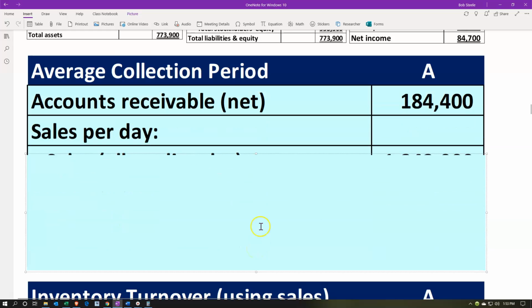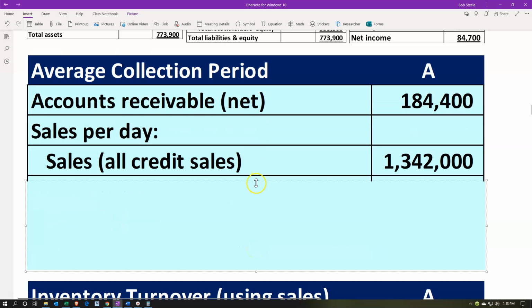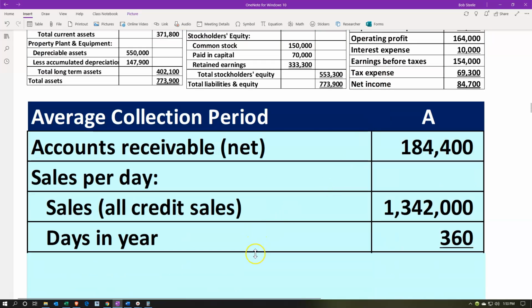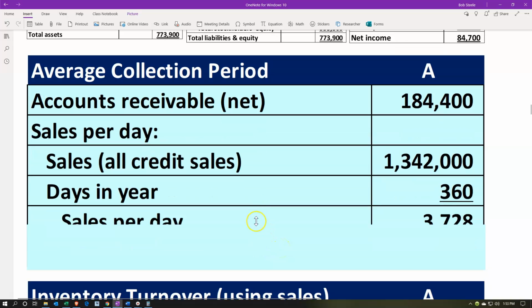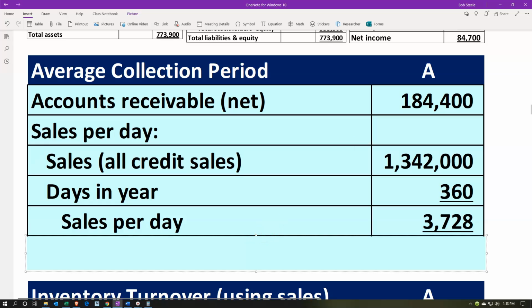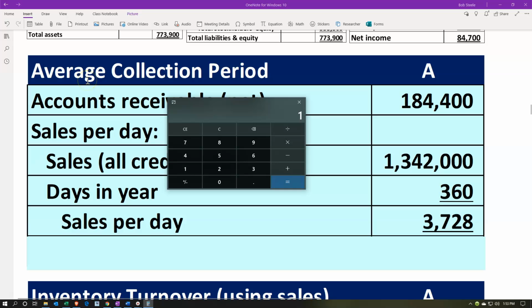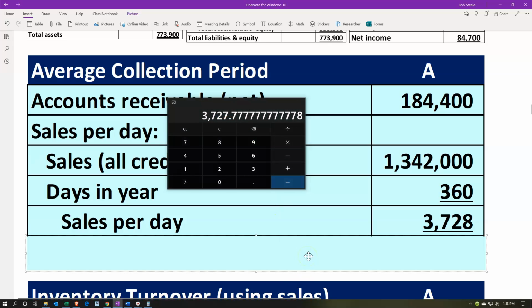Then we're going to calculate the sales per day, which would be the sales number, sales on credit here. And then we're going to take that and divide by the number of days in a year, which we're going to round once again to 360, which would be 12 times 30. And that's going to give us our sales per day. So if we divide this out, we're going to be taking the 1342000 divided by 360. That's going to give us our 3727.28 about.